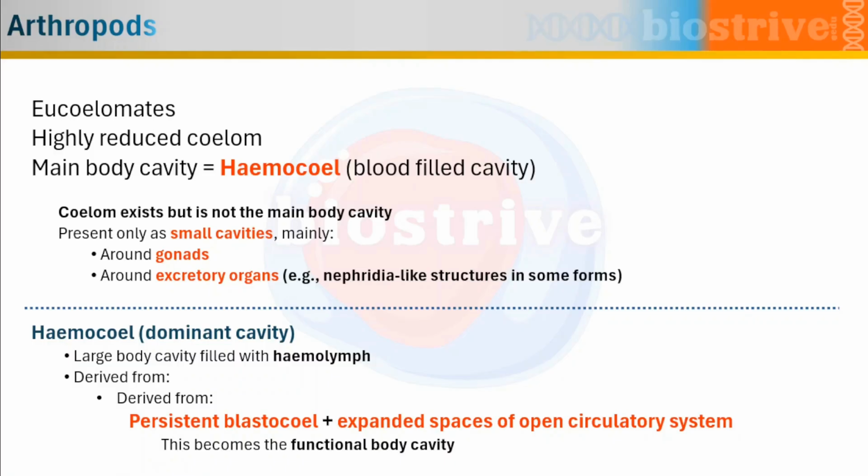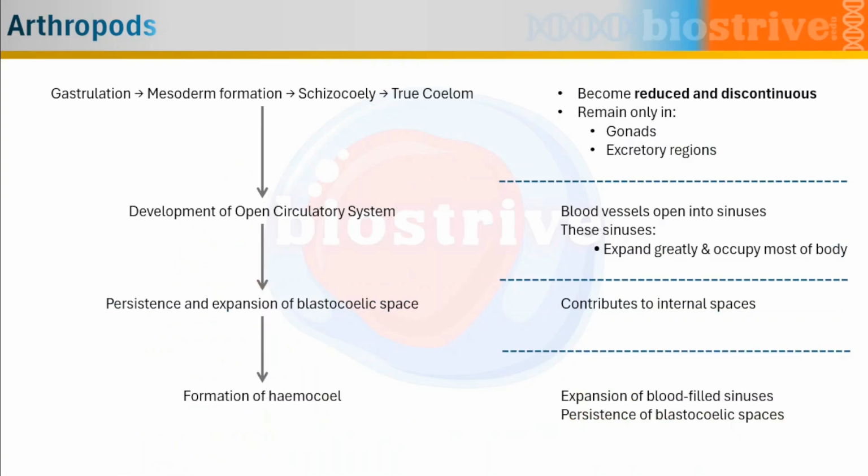So in arthropods, coelom is not the main body cavity. The main body cavity in arthropods is what we call haemocoel. What is this haemocoel? Haemocoel is the dominant, large body cavity which is filled by the hemolymph. Haemocoel is derived from the persistent blastocoele cavity, and it combines with the extended spaces of the open circulatory system.